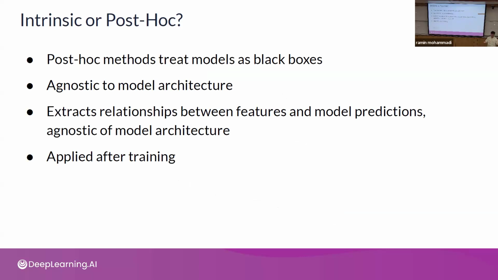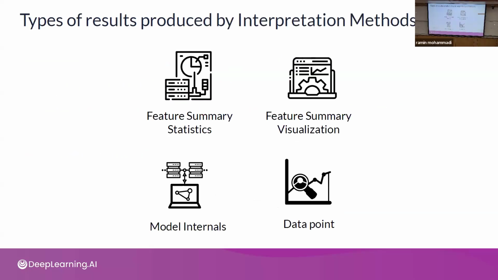It's just a black box evaluation, and it's agnostic to model architecture. Post hoc is just a pipeline where you put any model in and it evaluates it for you. It extracts the relationship between features and the model prediction, and you apply it after the training. Okay, so that's about post hoc.